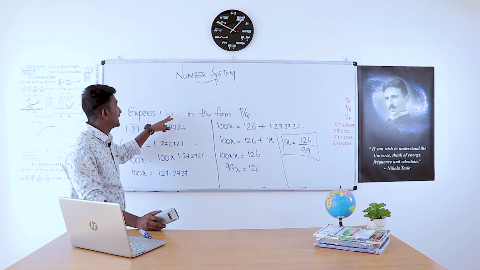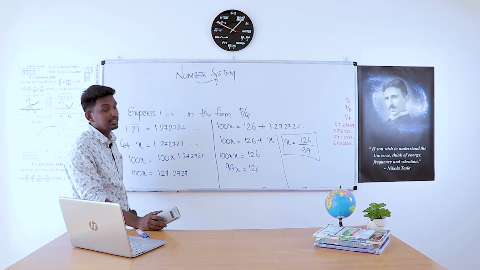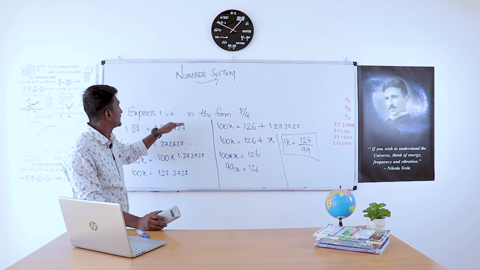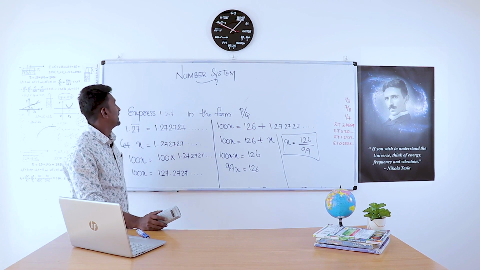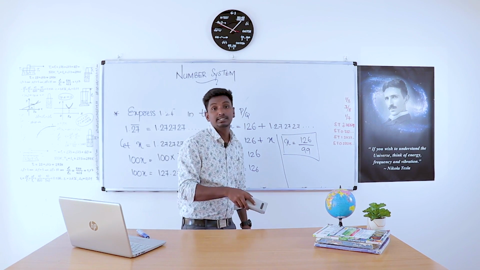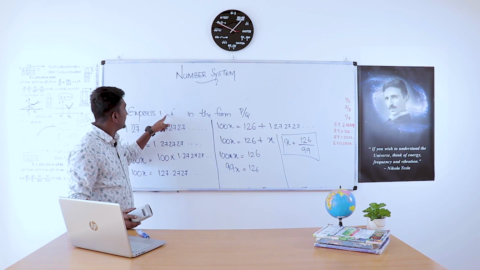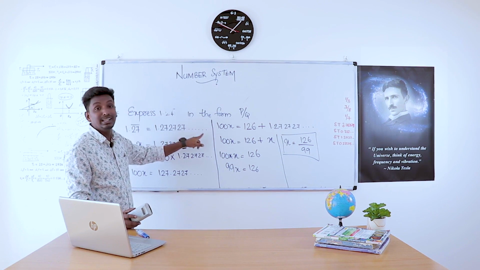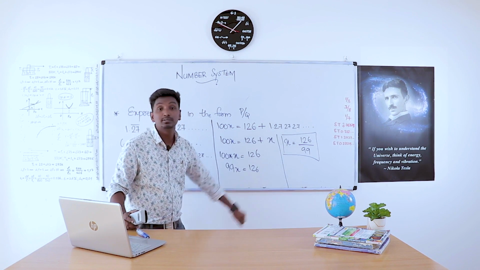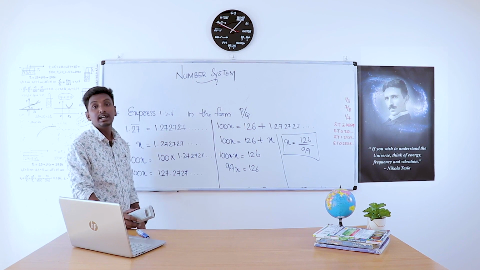If we put a bar above a number, it means that the number is repeating again and again. By this problem, we find how a non-terminating decimal expansion is written in P by Q form. Here in 1.27 bar, 27 is repeating again and again, but we can write it in the form P by Q, that is 126 by 99. That means we can write it in the rational form.